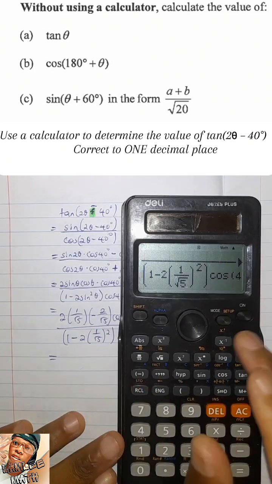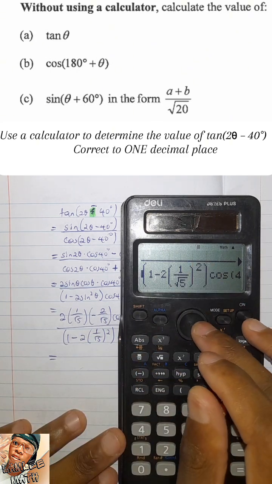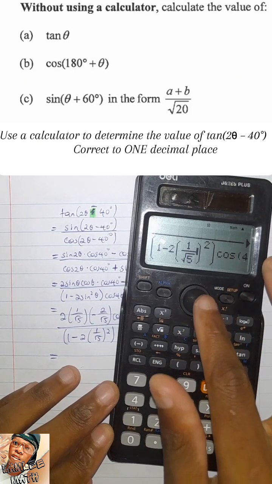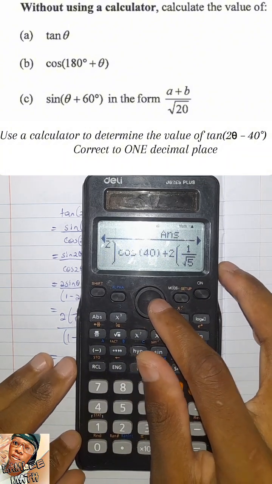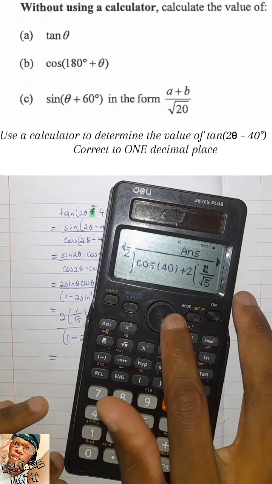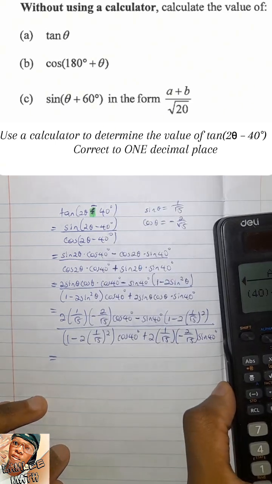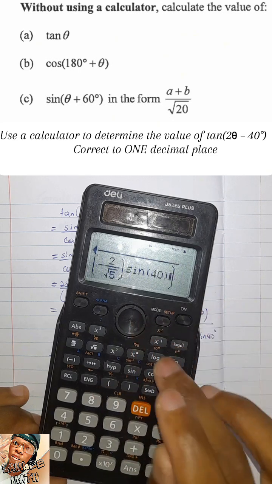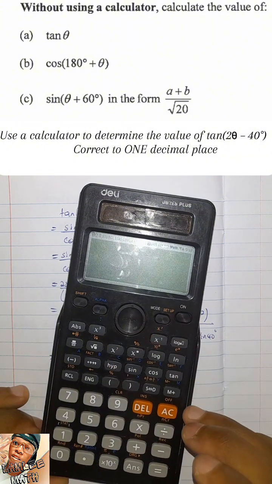Let me just check if I pressed everything correctly. 1 minus 2 multiplied by 1 over root 5 squared, that multiplied by cos 40, and then plus 2 multiplied by 1 over root 5 multiplied by negative 2 over root 5 multiplied by sine 40. So I don't need this, do I? I don't need it. Okay, yeah.